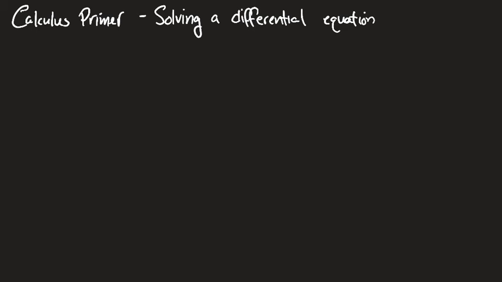So we are going to be building a group of differentials, but right now you know of two differentials. These are the two differentials you know. dv/dt is a differential, and dx/dt is a differential.